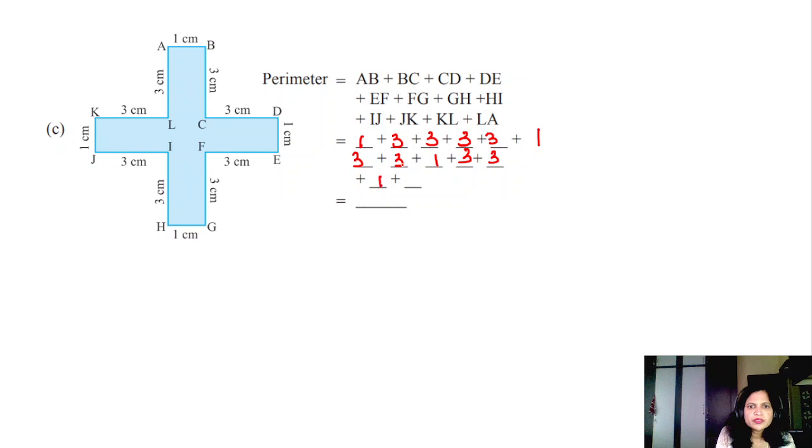One more 1 should be there. 1 centimeter, 1 centimeter, 1, 1. 1 plus 1 plus 1 plus 1 is 4. 3, 8, 3 are 24. That is 28. 28 centimeter is the perimeter of this diagram.